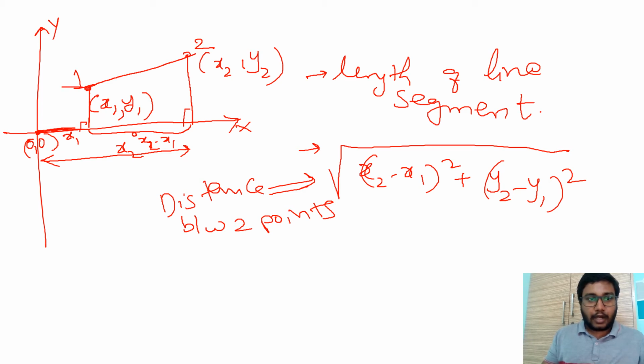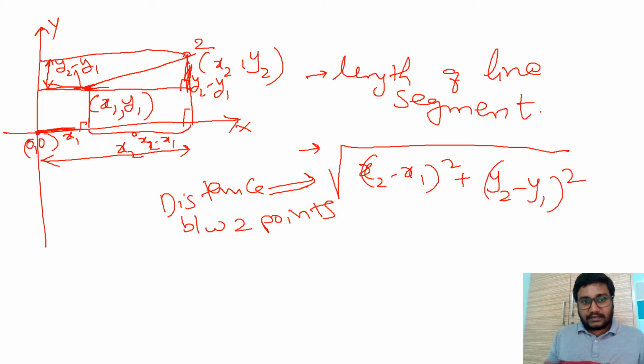Similarly, if we drop perpendiculars on the y-axis from point 1 and point 2, the difference in distance will be y2 minus y1. If we extend this straight line here, it will be perpendicular at this point, and whatever the distance here is, it will be the same here, y2 minus y1.